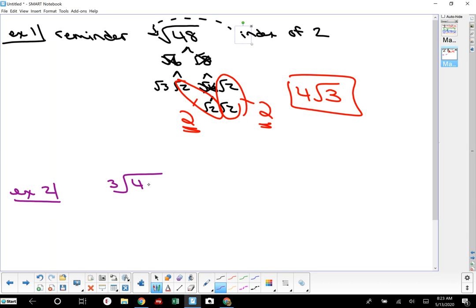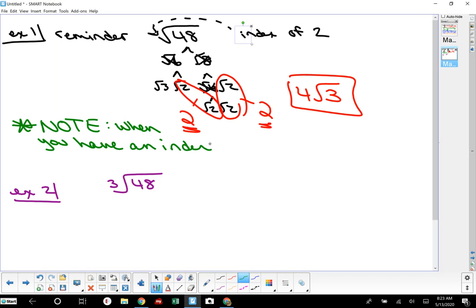So the cube root of 48. Okay, I'm going to break this down the same way. Oh, side note. When you have an index, take your factoring all the way to primes.